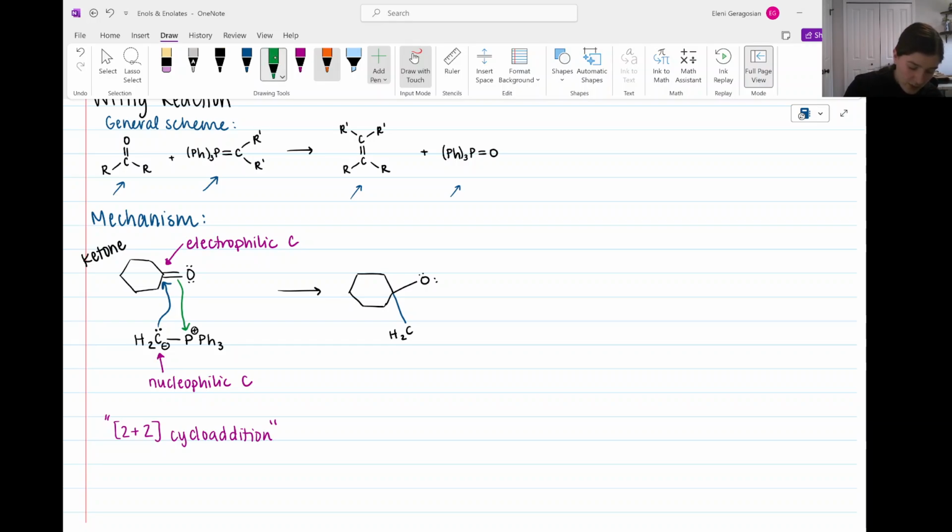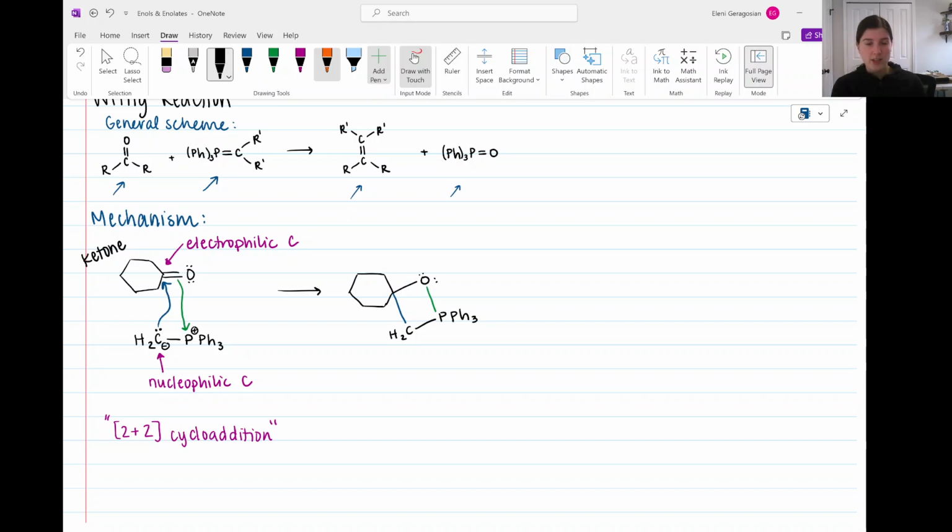We have a new oxygen to phosphorus bond, so that was formed with the green arrow. And phosphorus is still bonded to the 3 phenyl rings. And then the carbon to phosphorus bond has not broken. So we still have that carbon to phosphorus bond. Now notice we have all neutral atoms here.